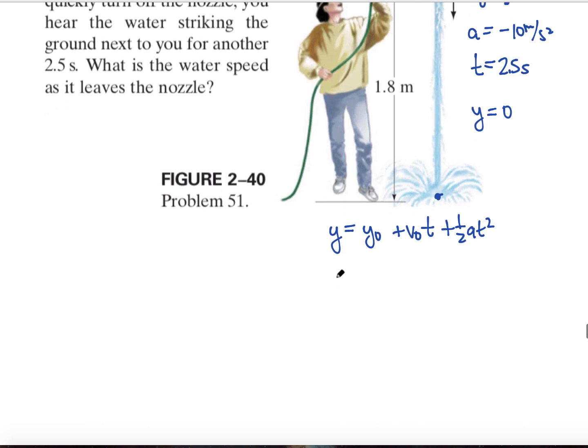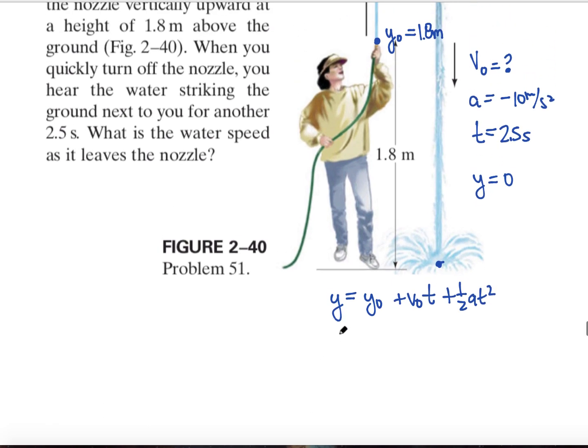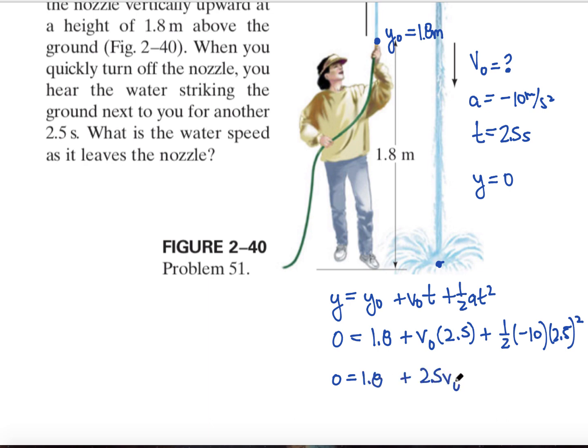So plugging in some numbers, I have 0 equals 1.8 plus v naught times 2.5 plus 1/2 times negative 10 times 2.5, don't forget to square. Simplifying this, I end up with 0 equals 1.8 plus 2.5 v naught minus 31.25.